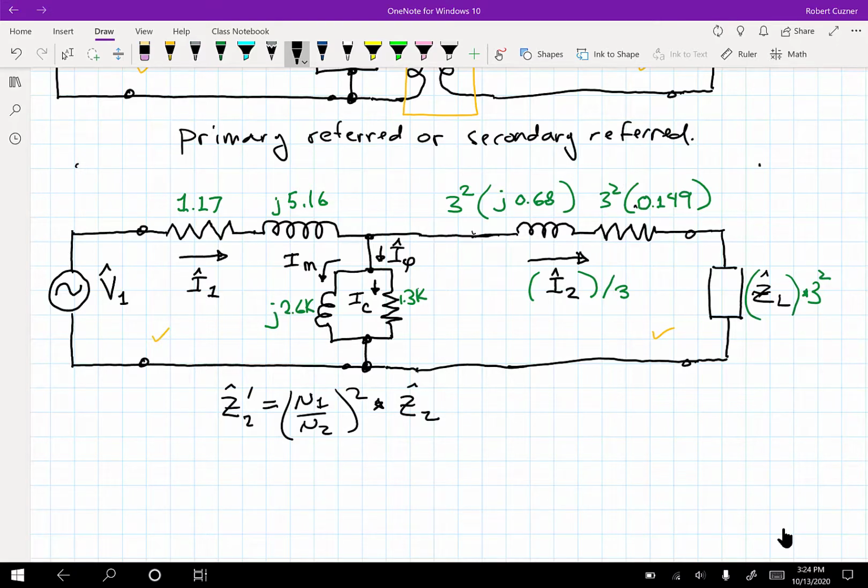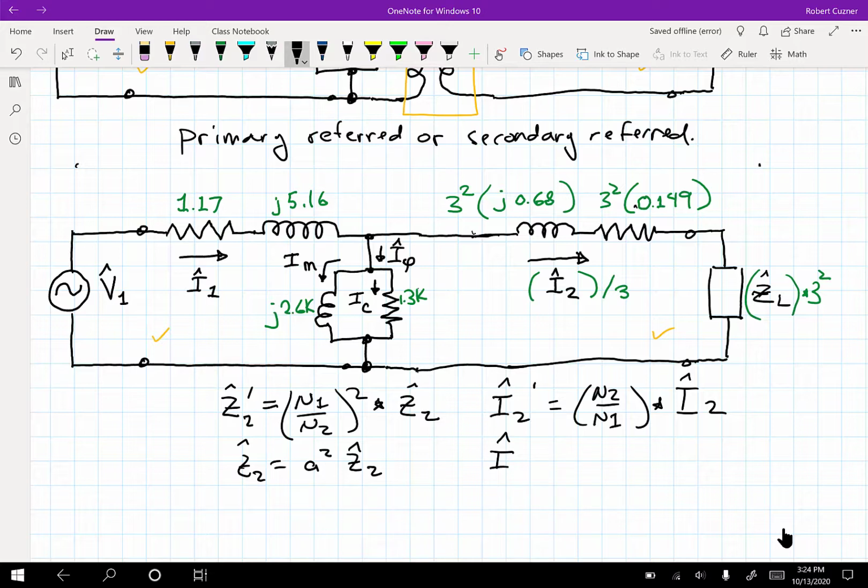And when it comes to the current, we would be dividing by the turns ratio. So the I2 prime would be N2 over N1 times I2. If we were using a turns ratio, it would be an A squared for the impedance, an A. For the current, 1 over A.